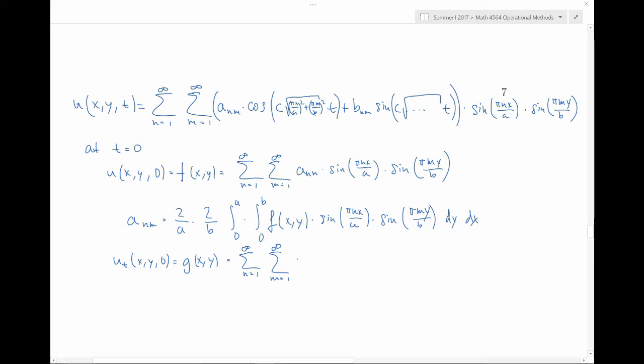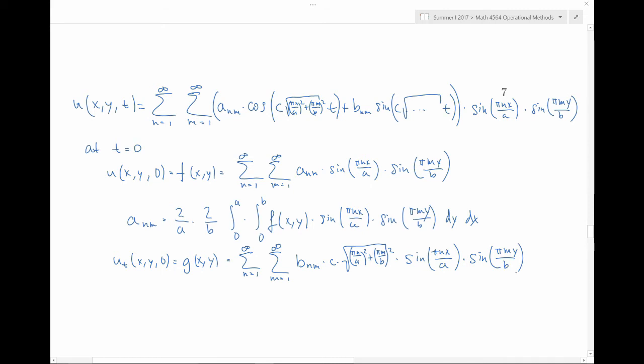So it's going to be just b n m times c times the big square root of pi n over a squared plus pi m over b squared times cosine at 0, which is going to be 1, times sine of pi n x over a. These functions depend on x and y, therefore t derivative doesn't affect them. Sine of pi m y over b.